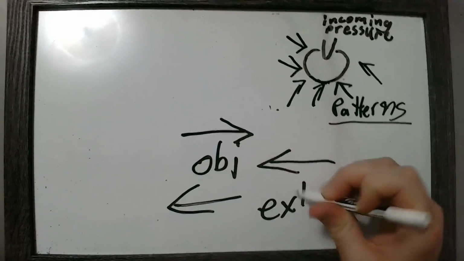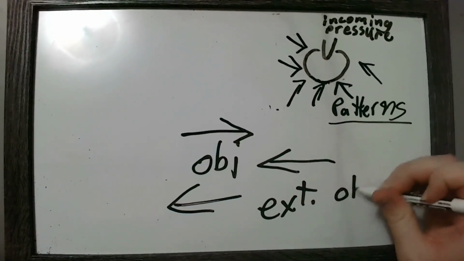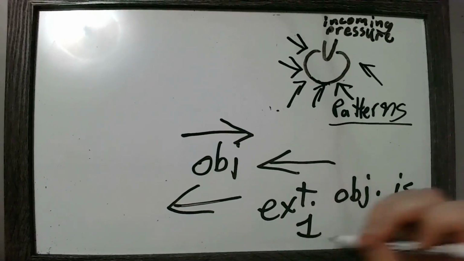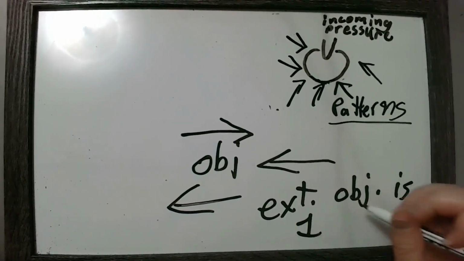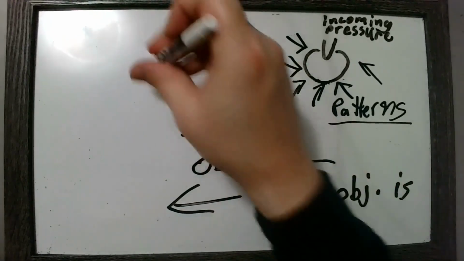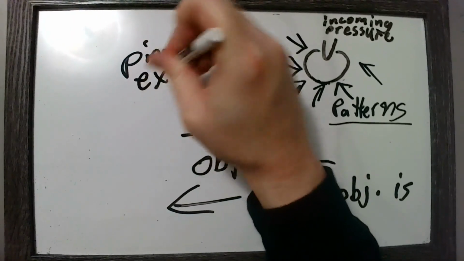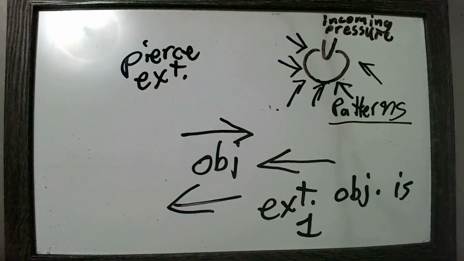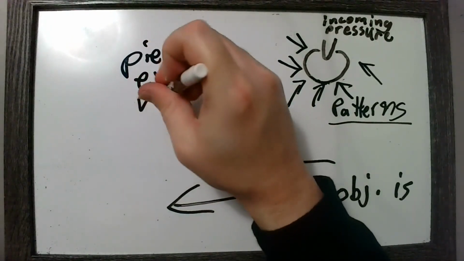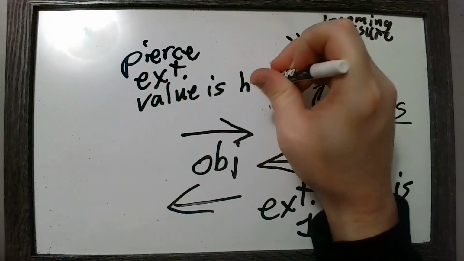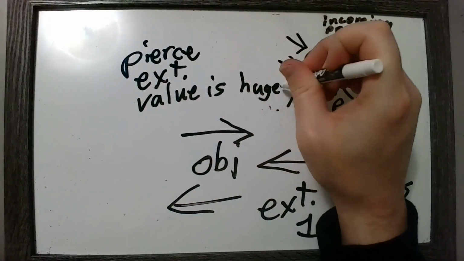Because the exterior of an object is 1. Now, if you pierce that exterior, you're going to notice that the value is huge, right?